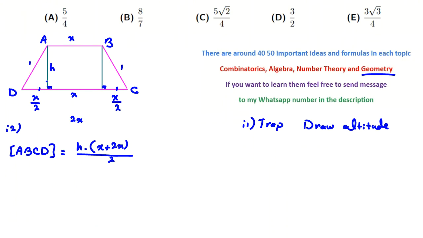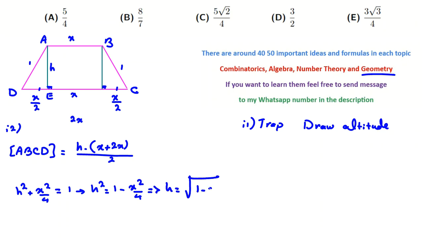By the Pythagorean theorem, h squared plus x squared over 4 in triangle, for example, AED, is 1. So h squared is 1 minus x squared over 4. So h is the square root of 1 minus x squared over 4.